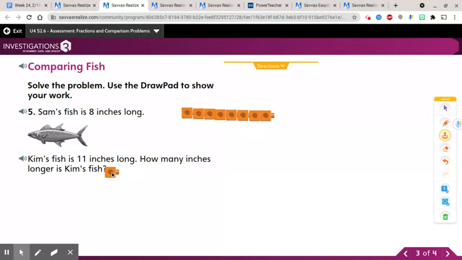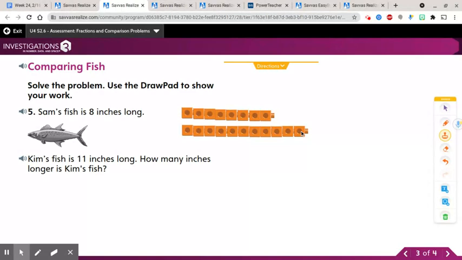And then we know Kim's fish is 11 inches long, so I'm going to line them up right below. So they're all lined up. 1, 2, 3, 4, 5, 6, 7, 8, 9, 10, and 11.